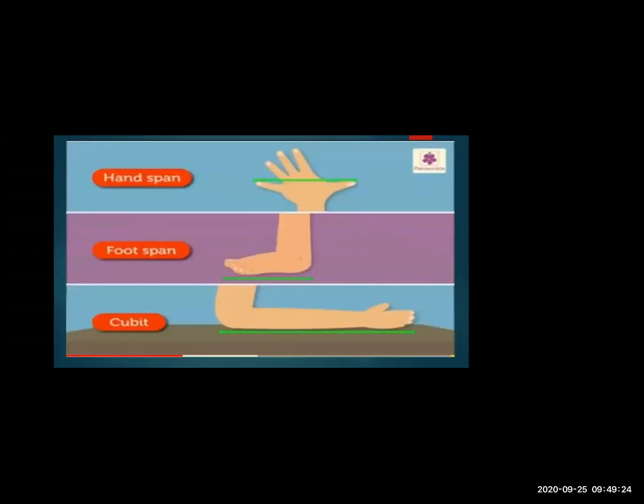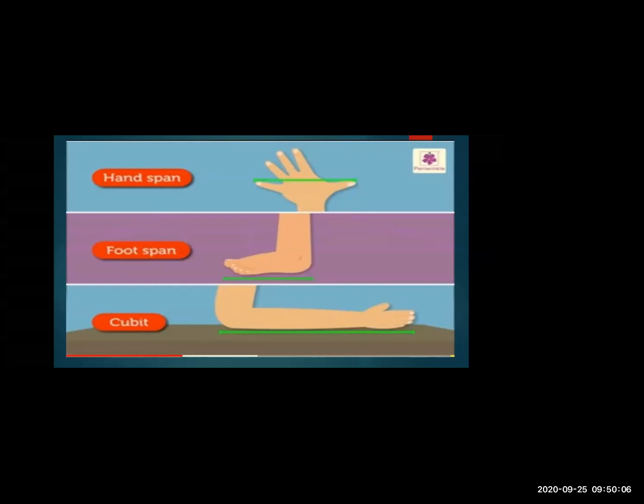For example, if we want to take the measurement of a notebook, if you want to measure the length of a notebook, in ancient time people were using such kinds of things. So to measure the notebook, what will we use? We will use the hand span, right? If we want to measure a floor, then at that time we will be using foot span. Okay, and some people were using cubit, so that is from our elbow to our fingers.